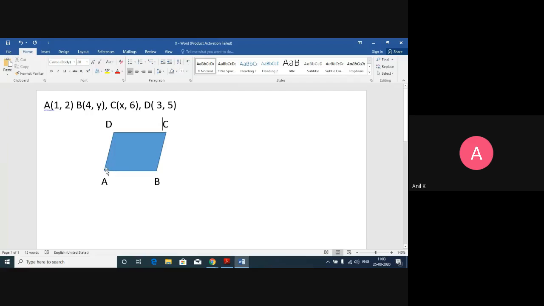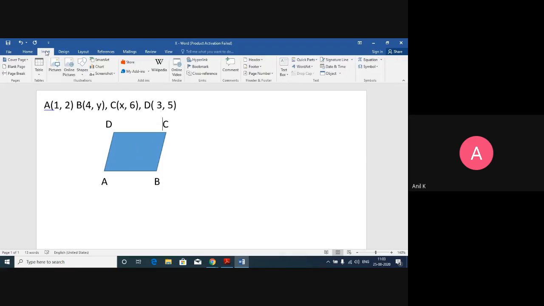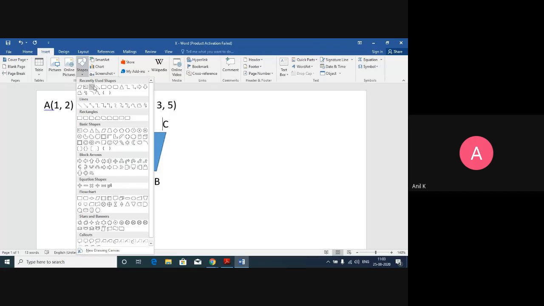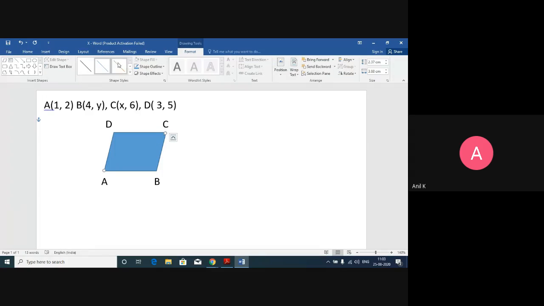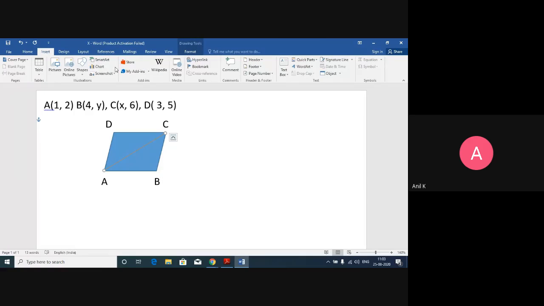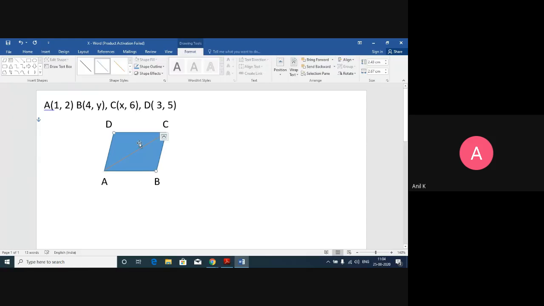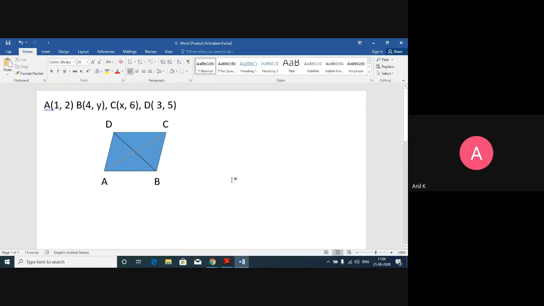So for example, I find the midpoint of AC. Let me insert more lines. If I join the diagonals A and C, this is one diagonal. Let me join the other diagonal also, B and D. So what is the property of the diagonals of a parallelogram?